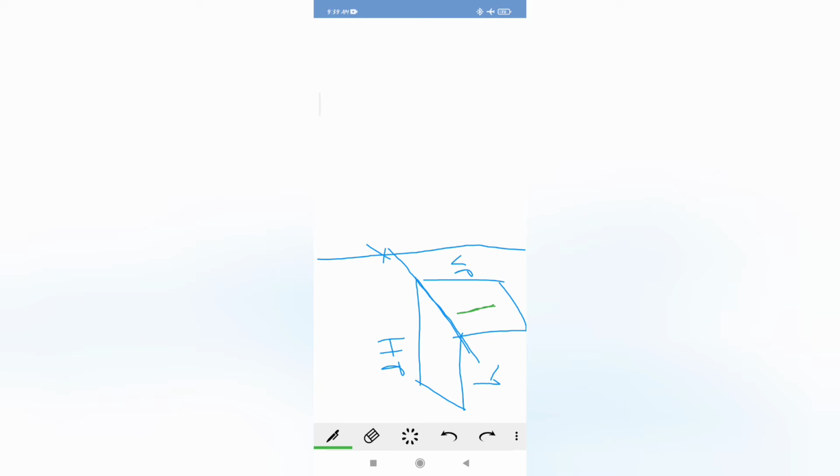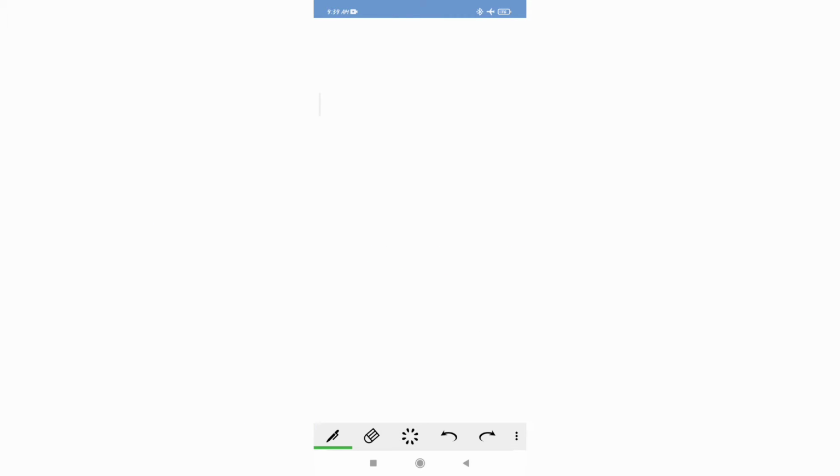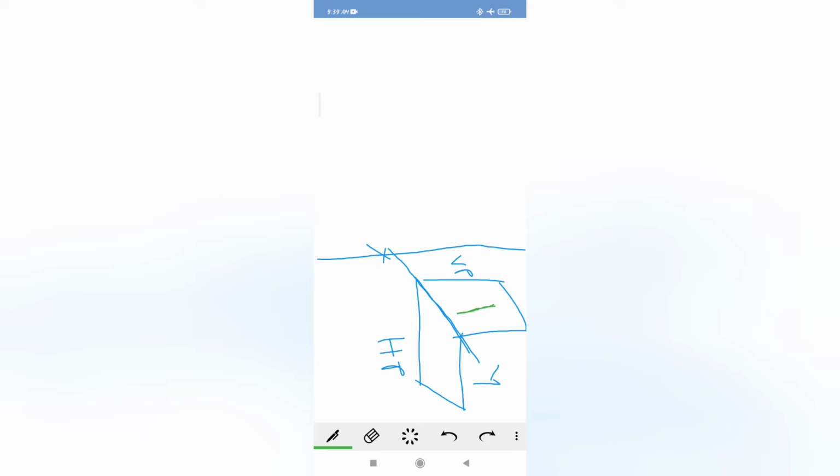According to the question, it is resting on VP and parallel to HP. That means this case is wrong. Let us see one more case.